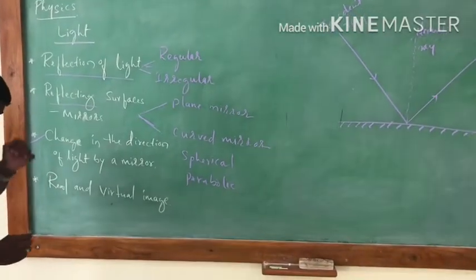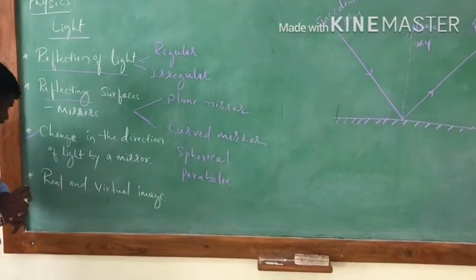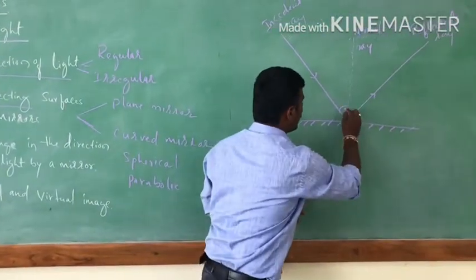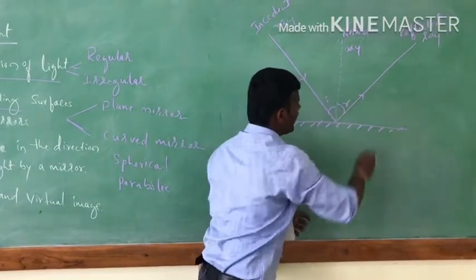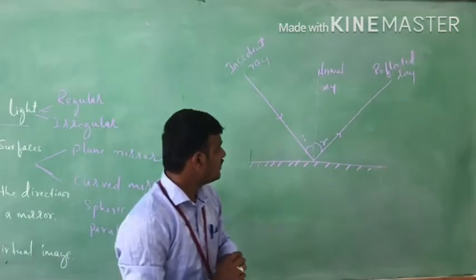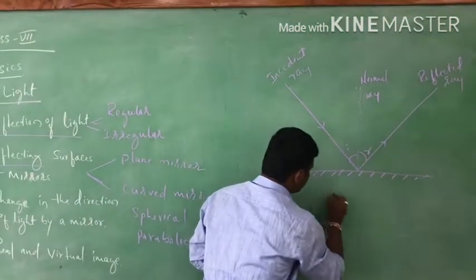Okay, next thing, real and virtual image. Before going to that, here we are going to learn about angle of incidence and angle of reflection. This is a very important thing.